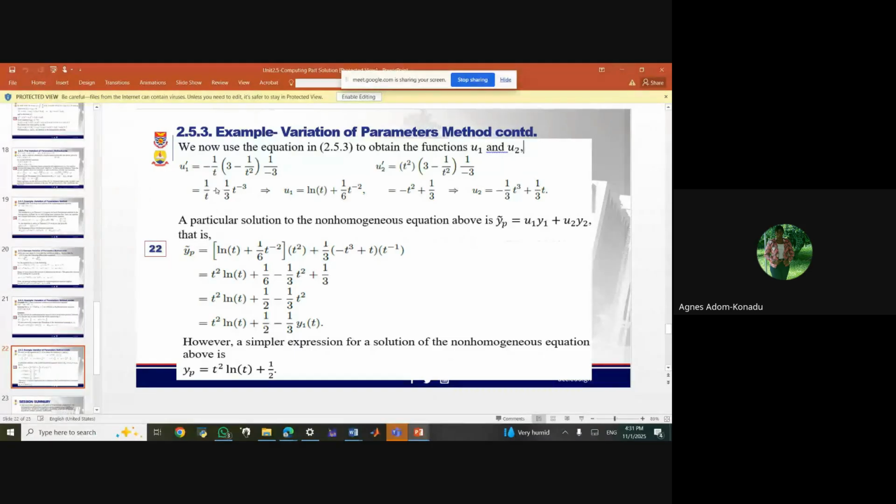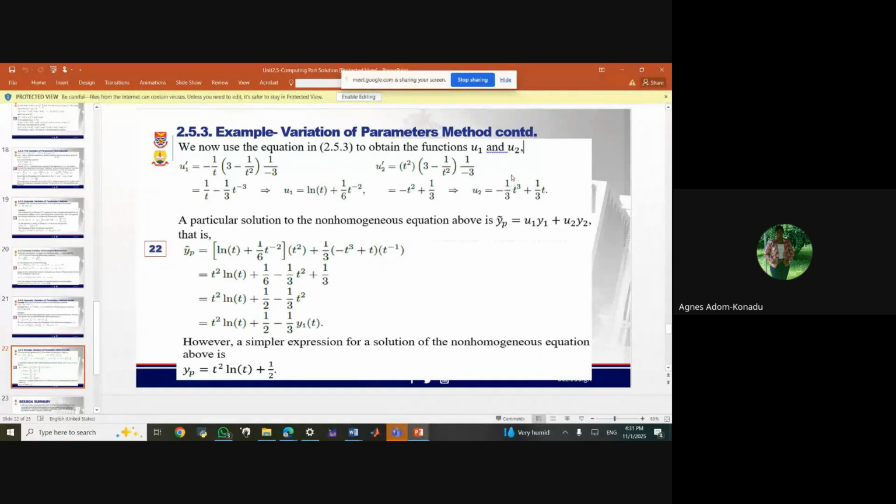Then I integrate. When I integrate, I'm going to get ln t plus 1 over 6 t to the power -2. Then u2 will give me my y1 times the f, all divided by the Wronskian. So I take my time, I simplify, then after that I integrate to get my u2.